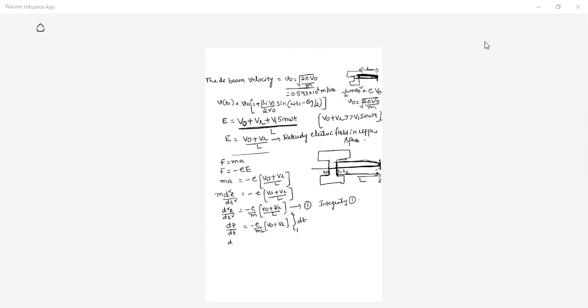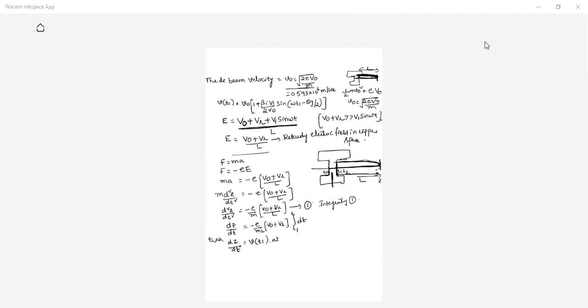So now at time t is equal to T1, at this time junction, what is my dz by dt? Distance per time is nothing but velocity V of t1.